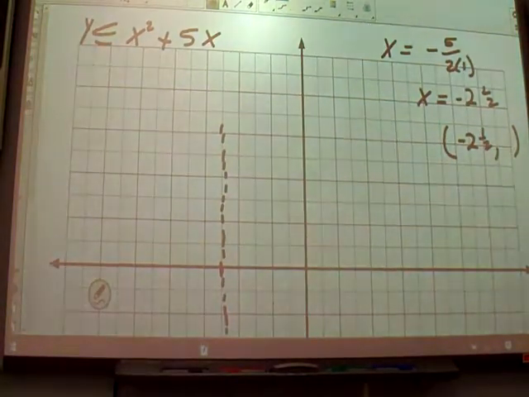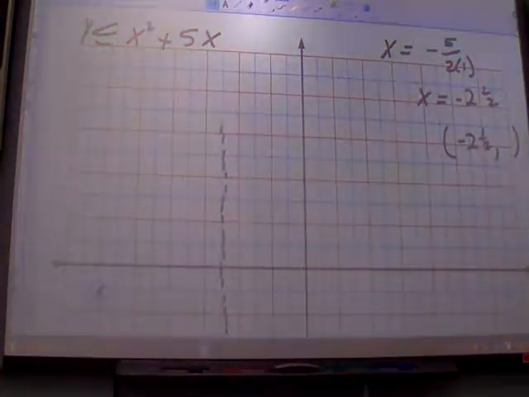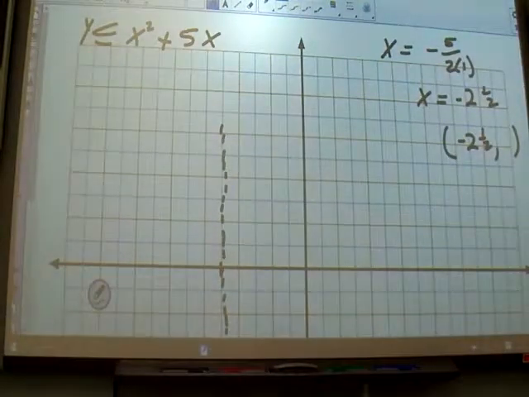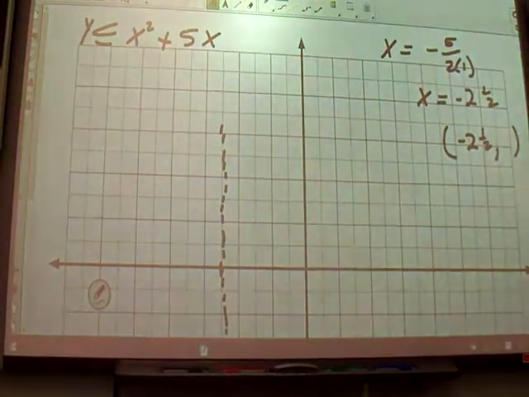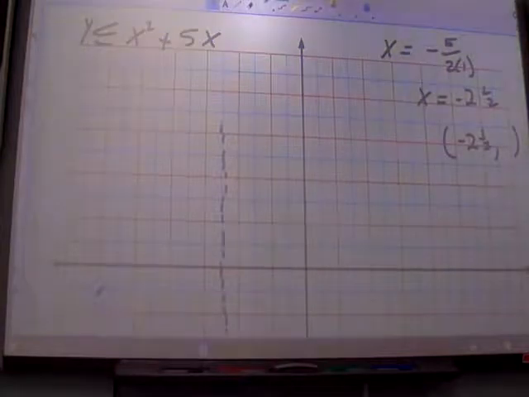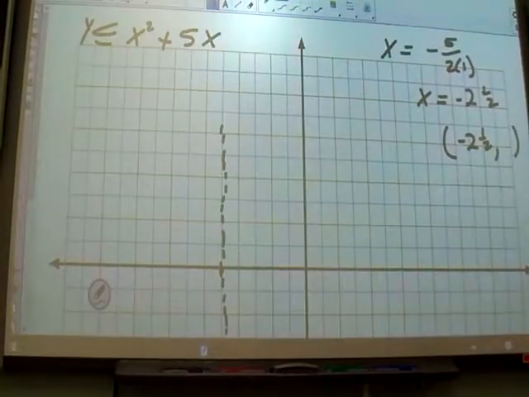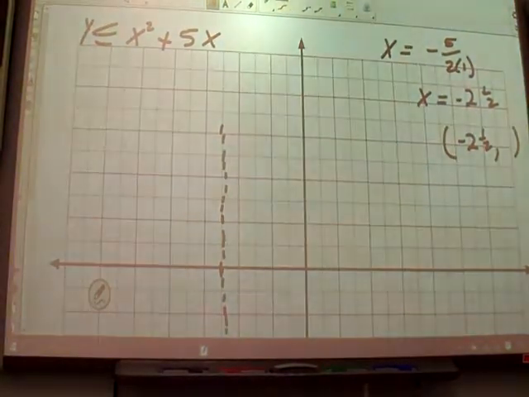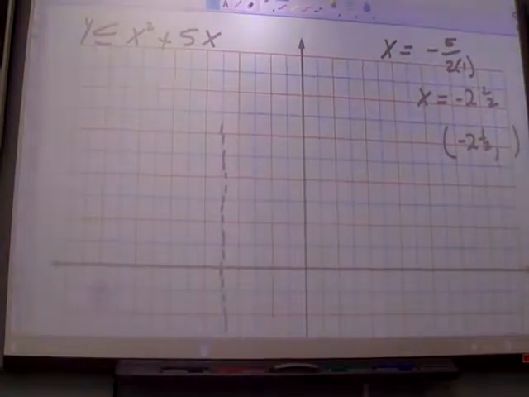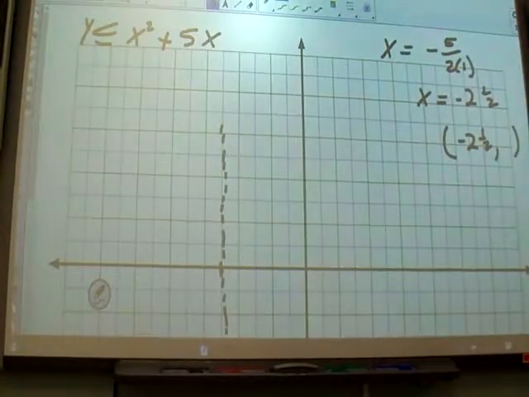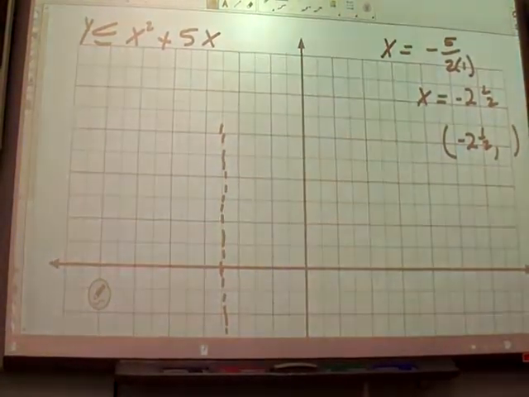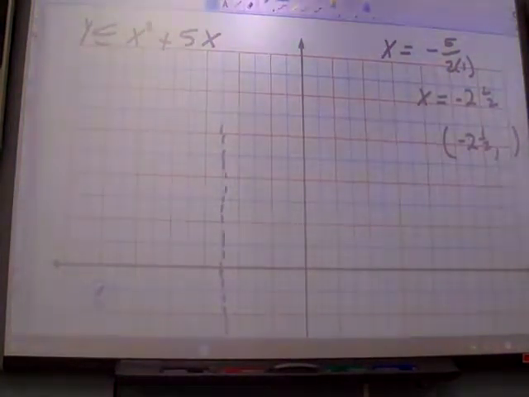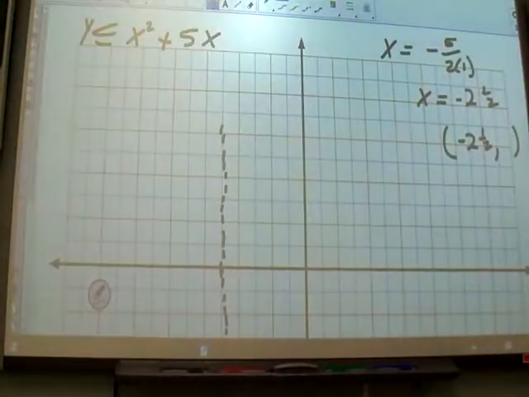That's 5 and 1/4. No, I put it around the negative 2.5 and 1/4. Oh yeah, I'm so stupid. It's negative 18.75.